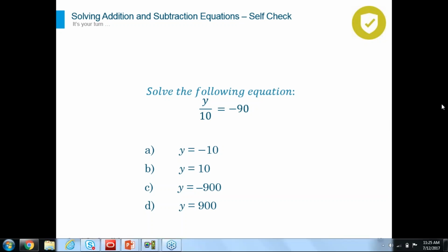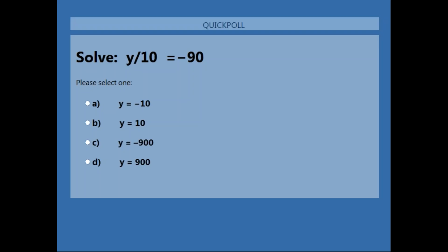Okay, I'm going to switch my screen to give you the chance to enter your answers, and also gives me a chance to assess my instruction. Okay, I see that some of you have decided to enter your answers, and it's so far correct. Good job.